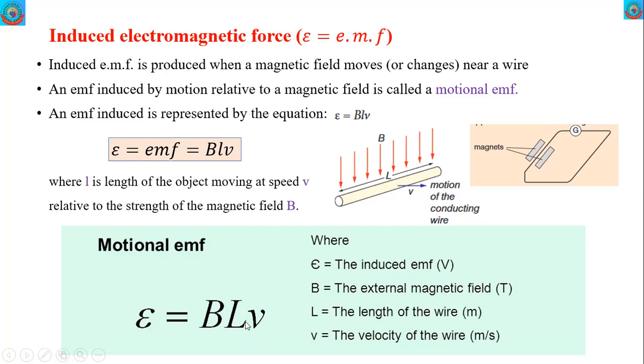V is velocity, the speed at which the conductor wire moves; B is the magnetic field strength; L is length. So this is called motional induced electromagnetic force.